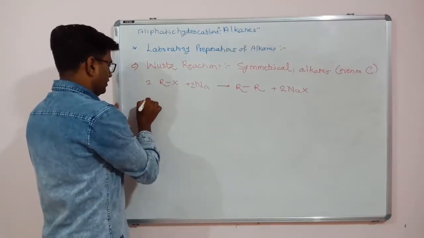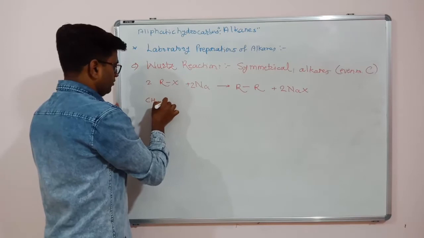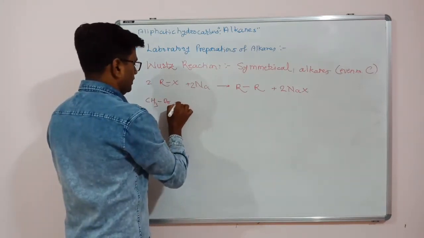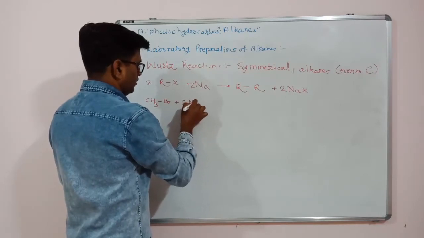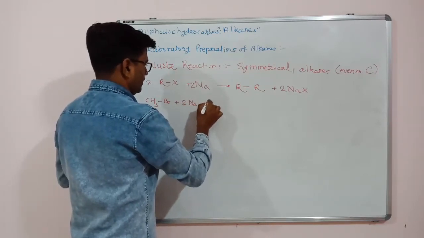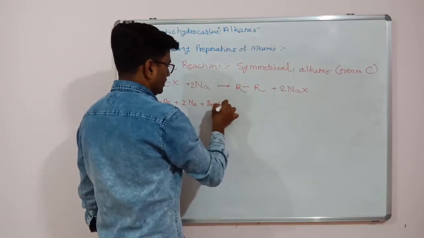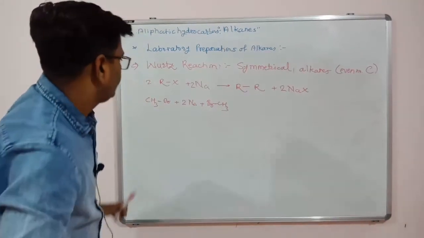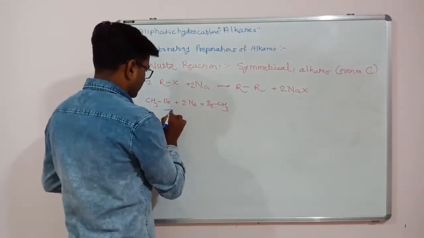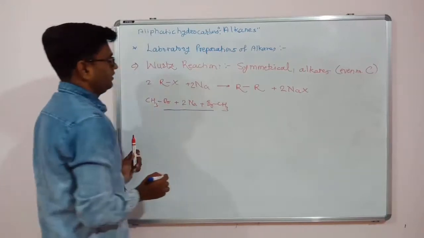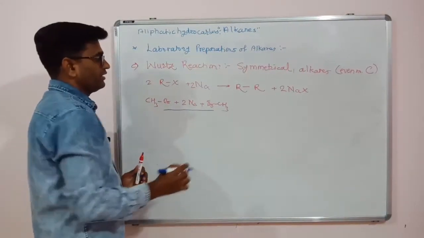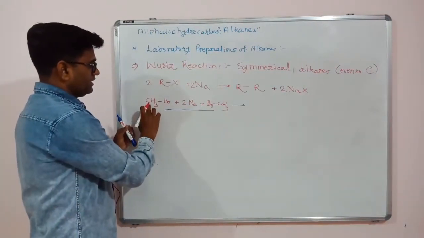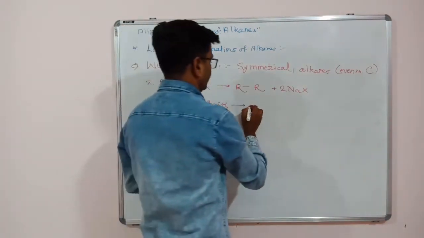Suppose we have methyl bromide. So 2 moles of methyl bromide are required, plus suppose this is another molecule of methyl bromide. So in this case what will happen? This Br, Na and Br form a byproduct, and we get a product, that is CH3 forms a bond with this CH3.